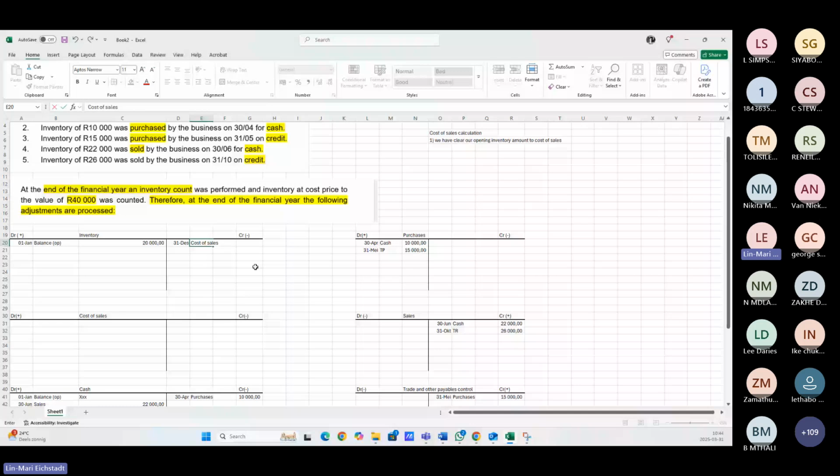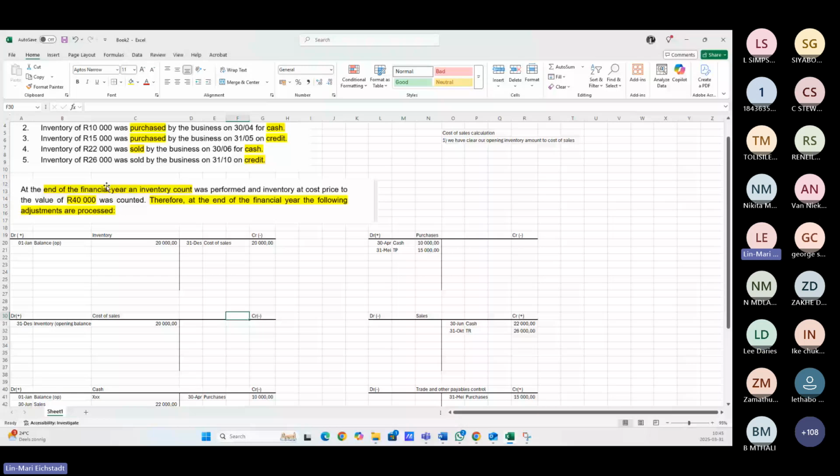And on this side, we would also have 31 December, and we would have the inventory amount here, but this is our opening balance of inventory, basically, that we clear to this account. Clear opening balance of inventory to this account, and we bring in the full 20,000. Right, so this is step one that we do. It doesn't really matter in which order you do the steps, as long as you complete all the steps.